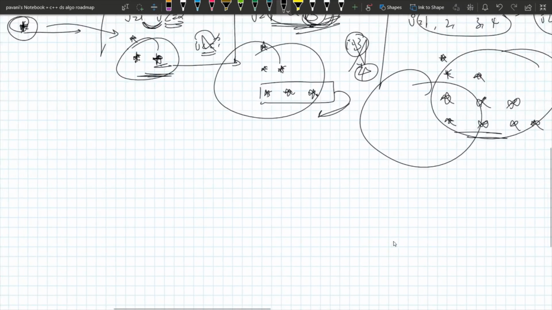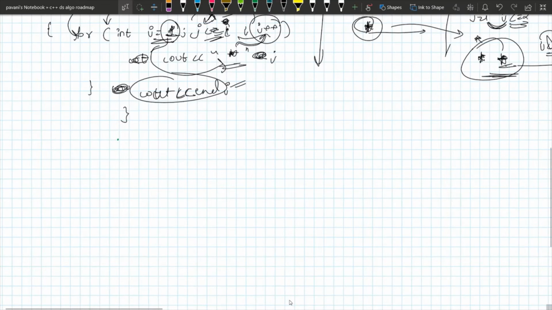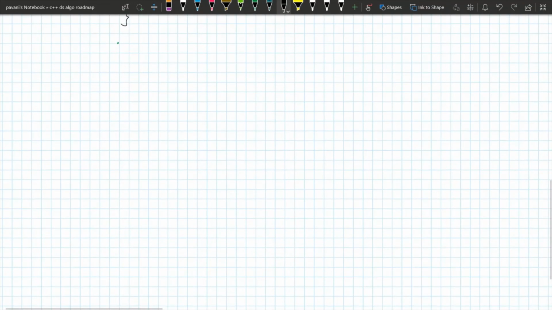Okay, what is the pattern? This is the pattern, right?